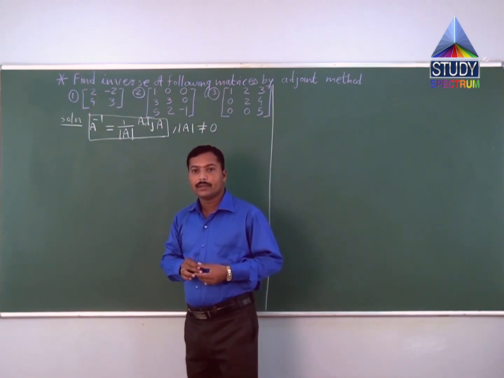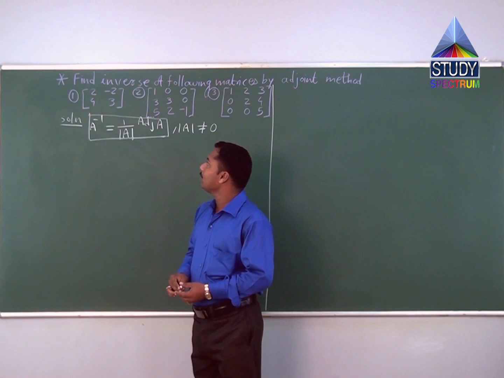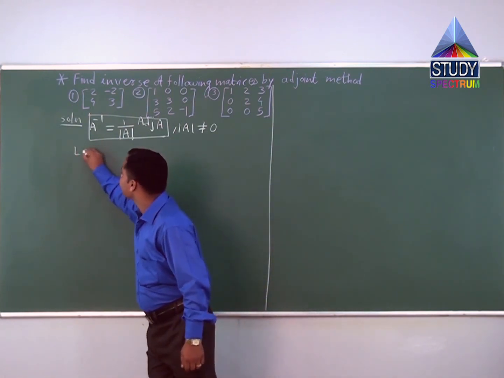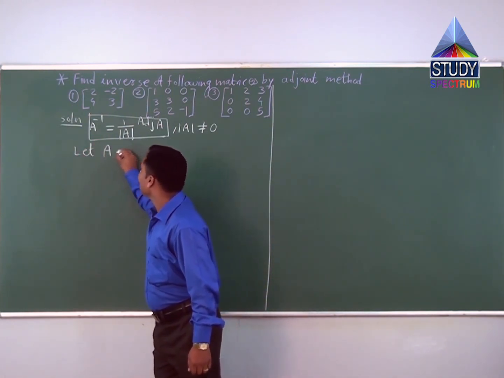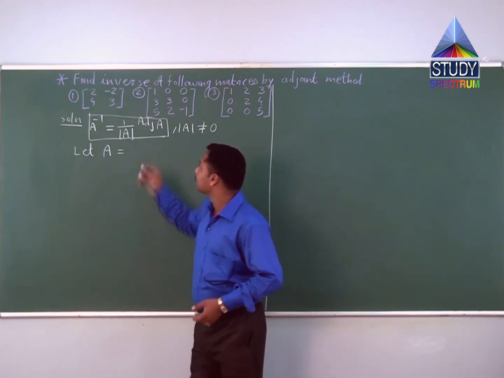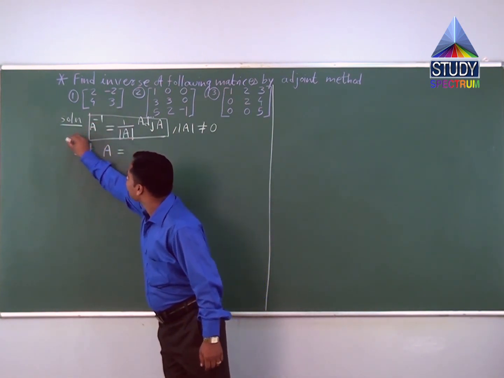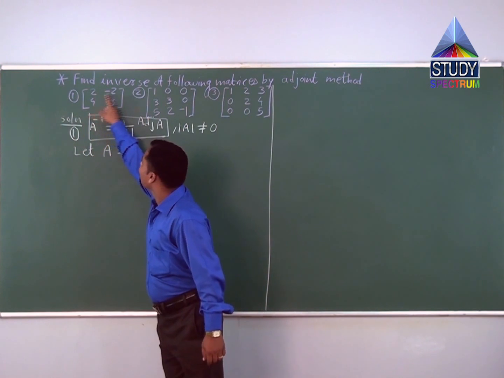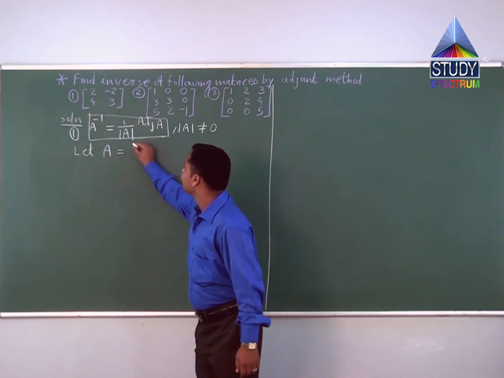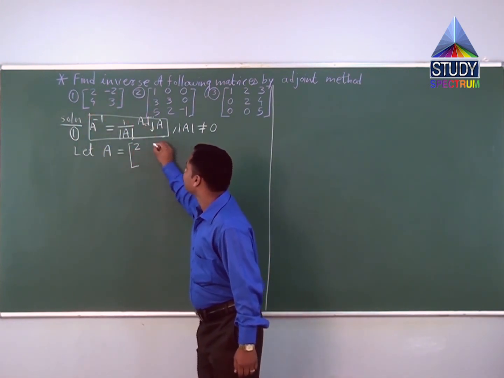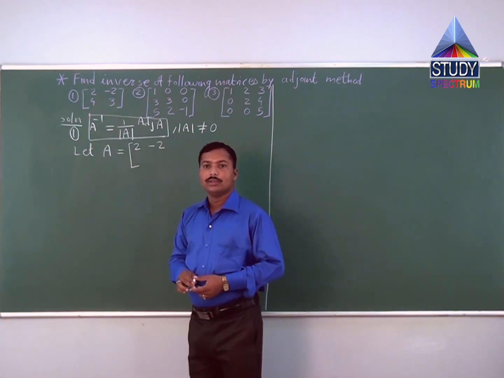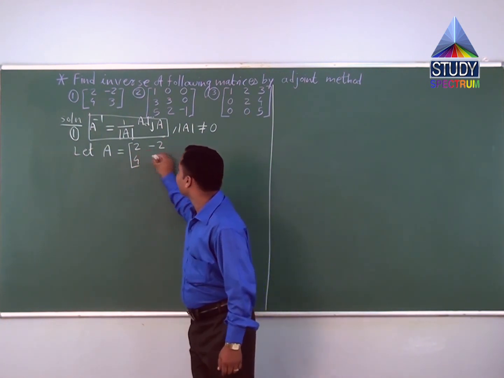So firstly we find the determinant of A. Let A equal to the given matrix. First problem is 2 minus 2 4 3. So first row 2 minus 2, second row 4 3.